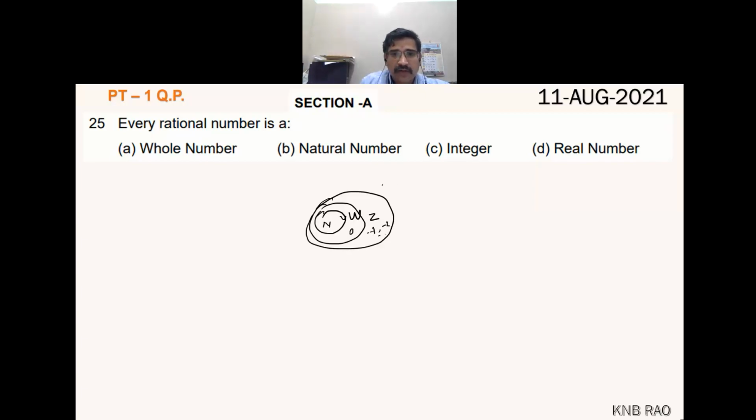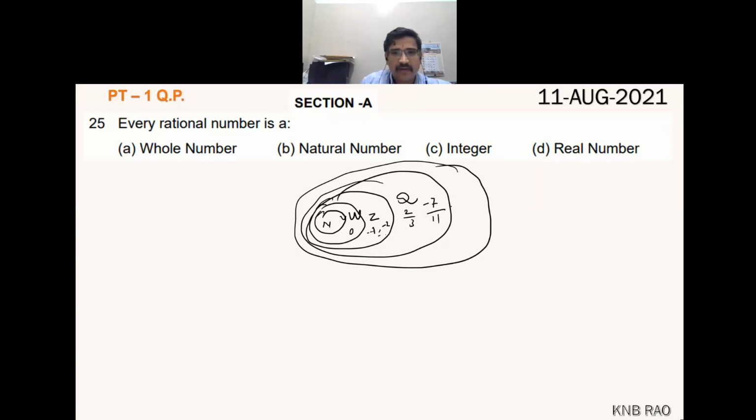All integers are included in rational numbers along with numbers such as 2/3, -7/11, like that. All these rational numbers are included in real numbers. Along with them, irrationals are there.